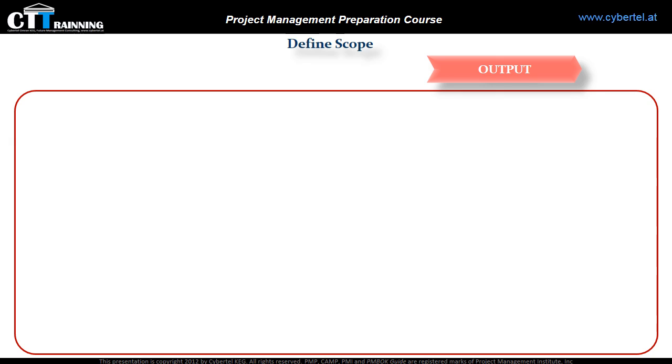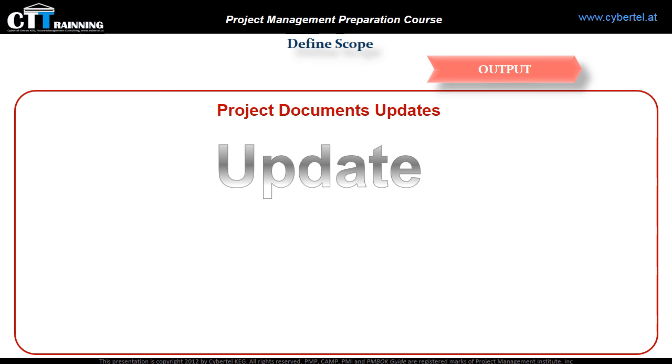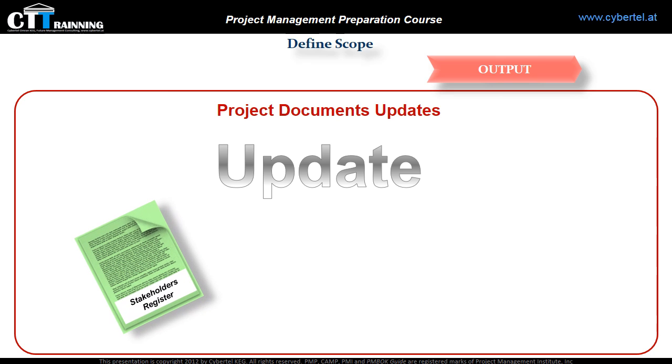The second output of defining the scope is the project document updates. This is actually not a document. Here you just may need to update some documents such as the stakeholder register. We all know that a key stakeholder is very familiar with the industry field of the project, so you have to update your stakeholder register.